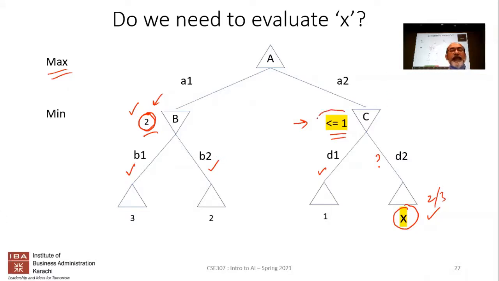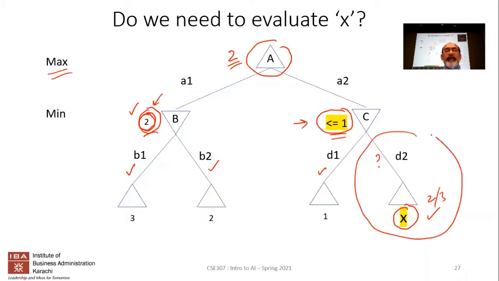Okay, so the minimax value over here is going to be less than or equal to 1. If it's less than or equal to 1, what about A? What is it going to decide? It has to choose the maximum of either 2 or a number which is less than or equal to 1. So clearly, A's minimax value is going to be 2. Does everybody follow that? Okay, so sometimes you don't need to evaluate parts of the tree.